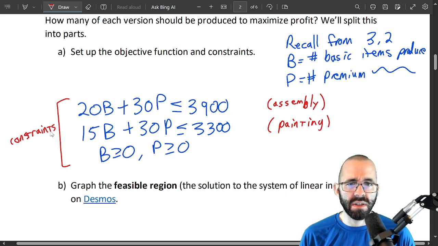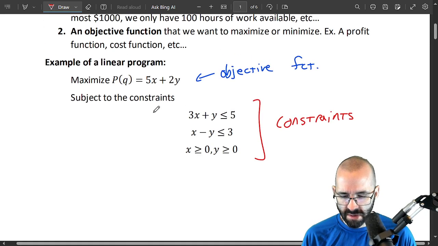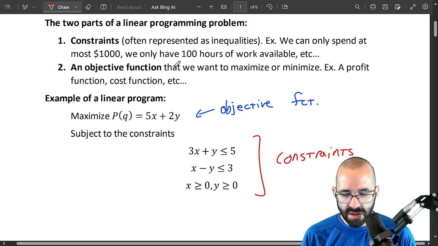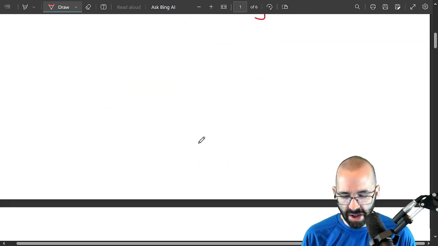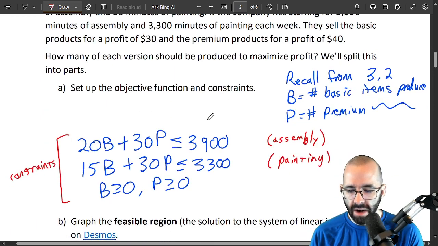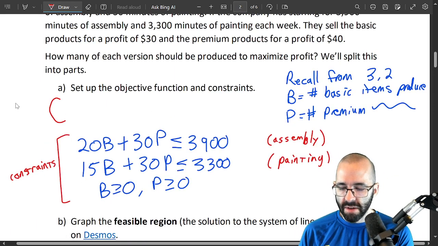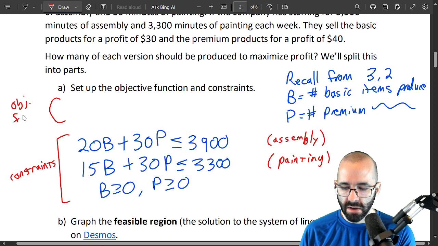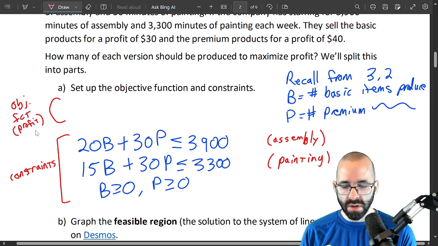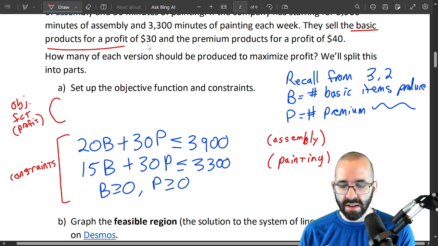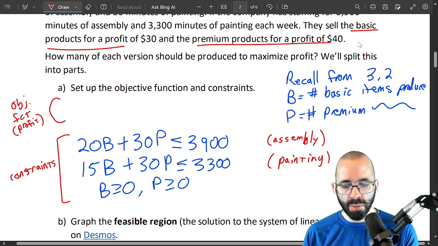What's our objective function? An objective function is something we want to maximize. Very often it's profit or cost or something like that. So our objective function is going to be profit. We're told that each basic is a profit of 30 and each premium is a profit of 40.